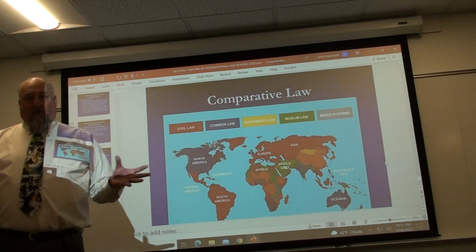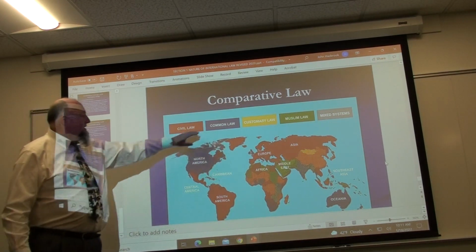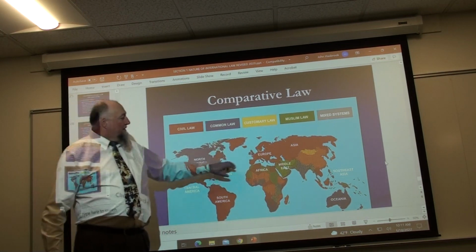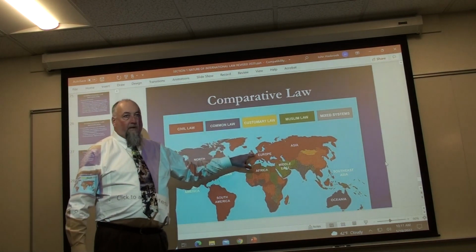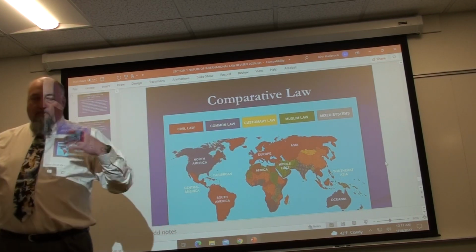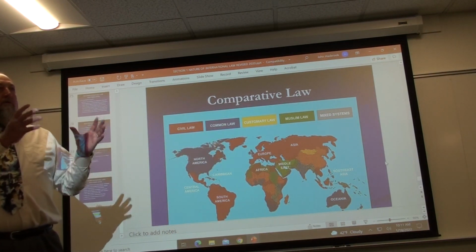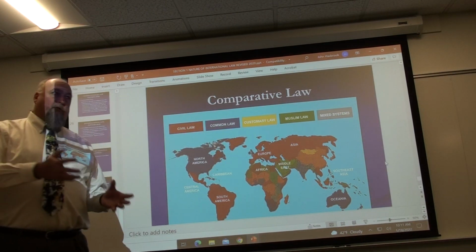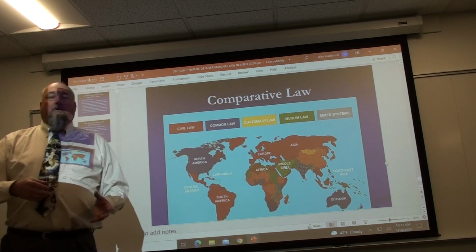Now where does this come from? Well, common law primarily derives from law that was English law based. And then as there were colonies, etc., the law of England, English common law, was applied in the English colonies.